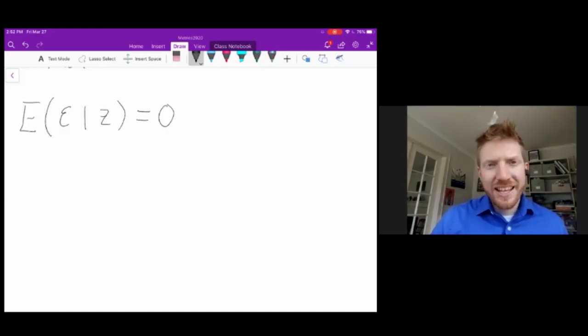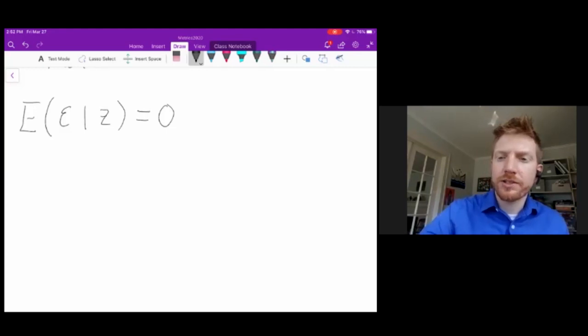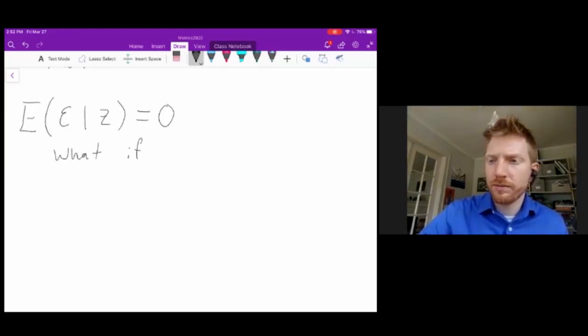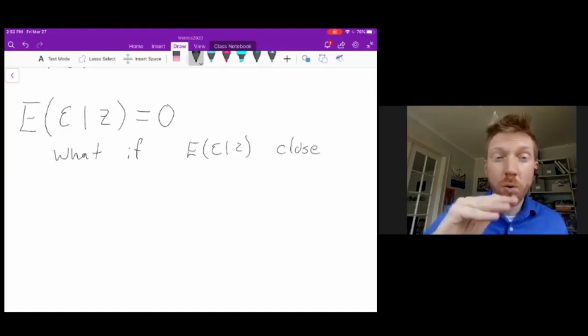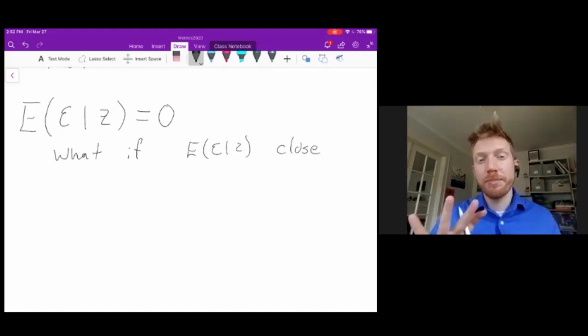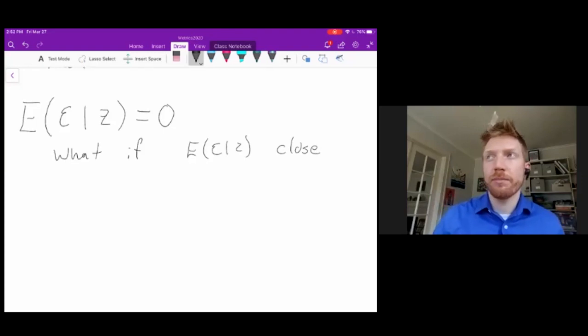So it could be that it's not completely zero, but it's small. So we're not quite exogenous, but there's a small impact.